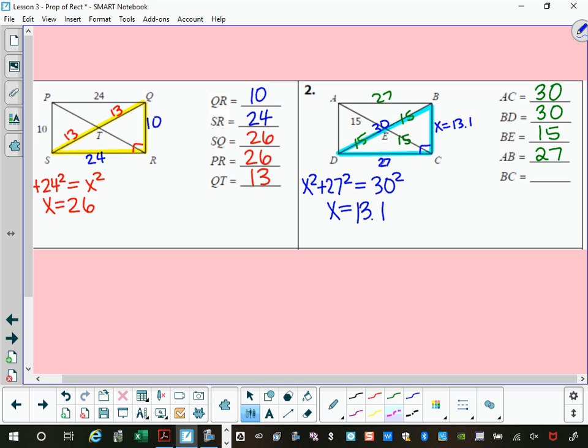So BC is 13.1. Because I needed to find this other side, so I split my rectangle into a triangle. This side was 27, my diagonal was 30, and then we had to find the other side.